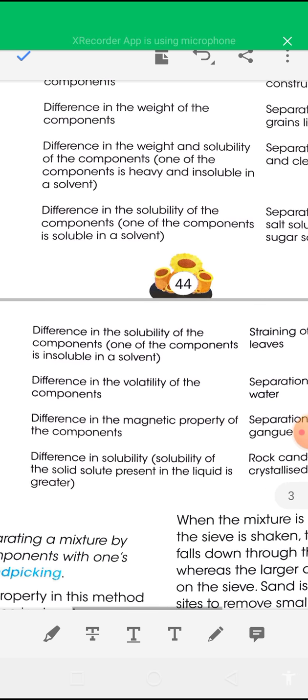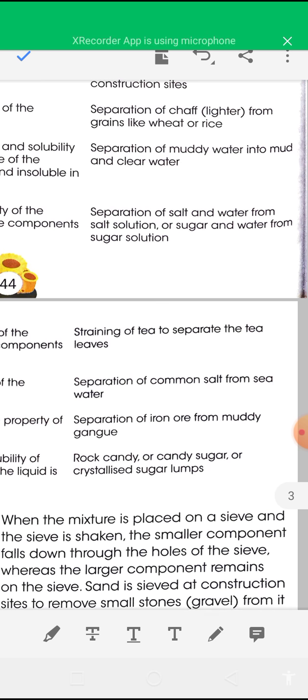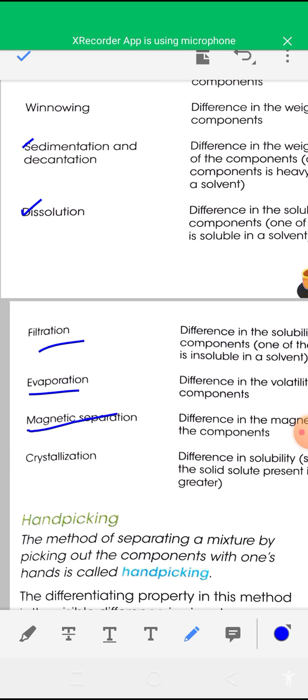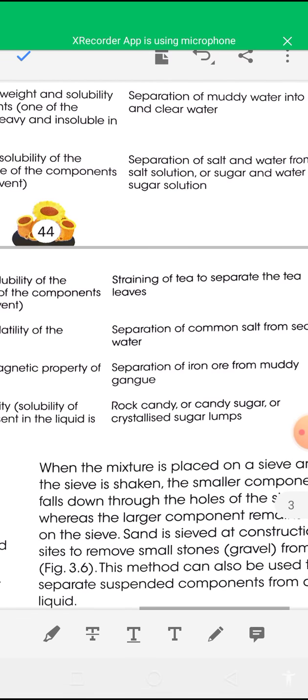Principle of evaporation is difference in the volatility of the components. An example is separation of common salt from seawater. And magnetic separation: the principle is difference in the magnetic property of the components. An example, separation of iron from muddy gangue.